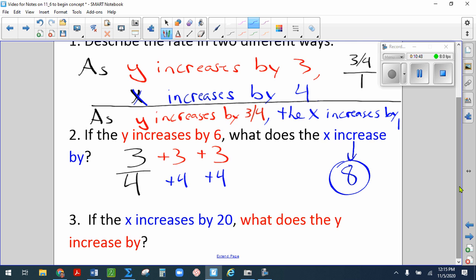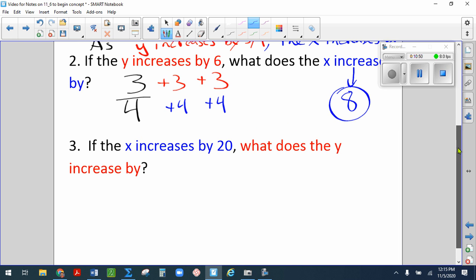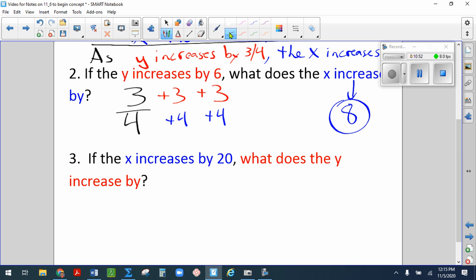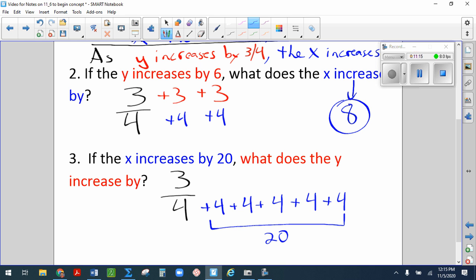If the x increases by 20, what does the y do? So again, I start at 3/4. I have to take the x value and go up by 20, but I have to do it 4 at a time. So there's 4, another 4 is 8, another 4 is 12, another 4 is 16, another 4 is 20. So I've increased by 20.